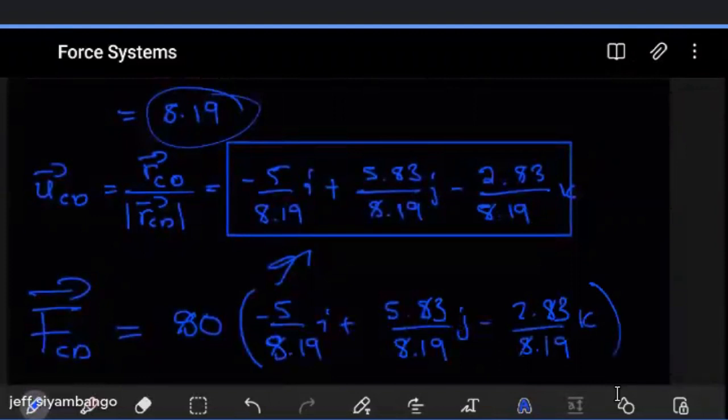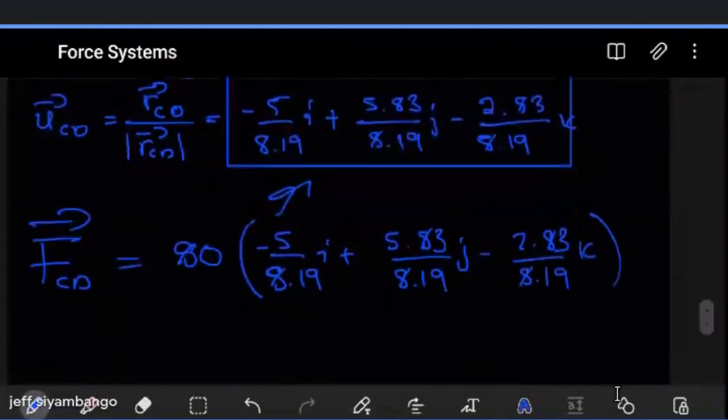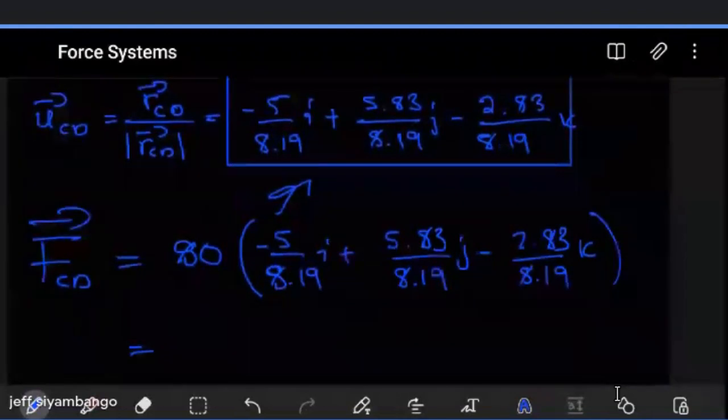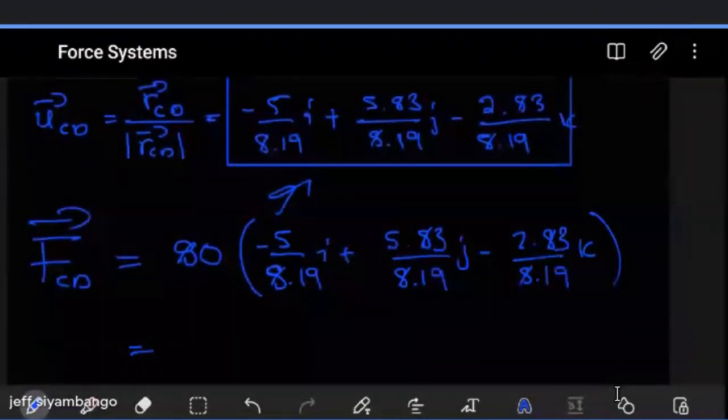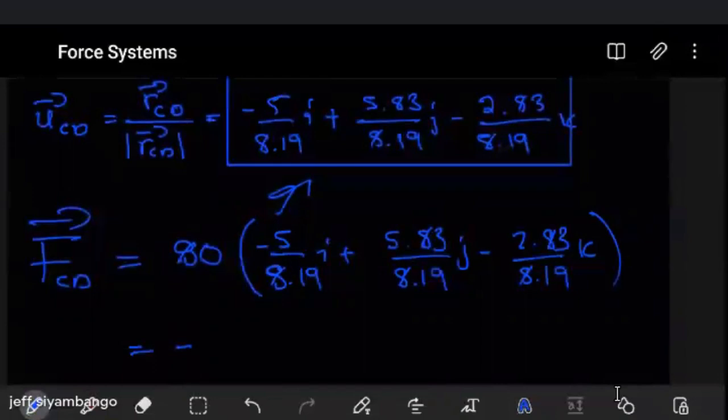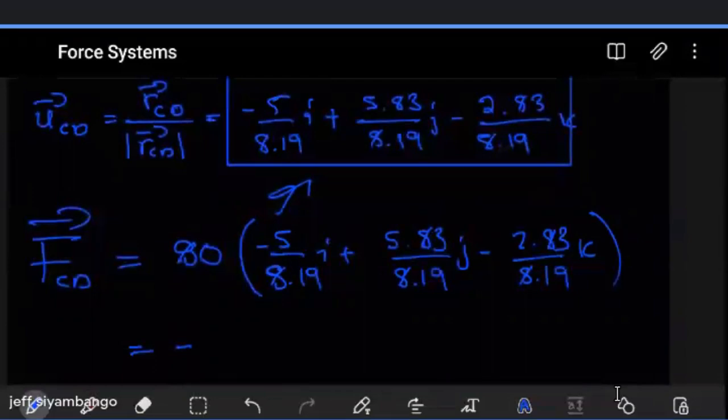So we can even distribute and divide. So distribute this and divide. So the first term will be negative 400 over 8.19. Divide by 8.19 as well.